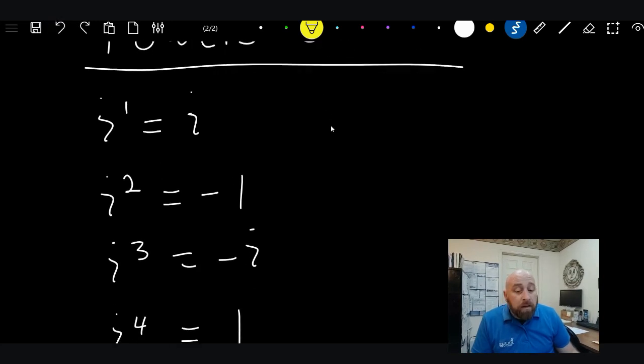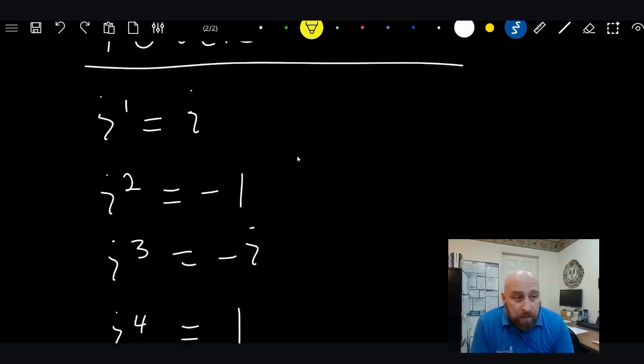So then the next one would be i cubed, or the cube of imaginary, which is negative imaginary. So you have imaginary, that's imaginary to the first power. -1, that's imaginary to the second power. And then you have negative imaginary, that's imaginary to the third power.